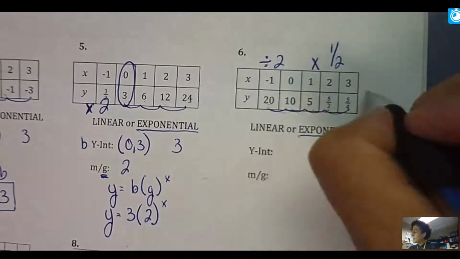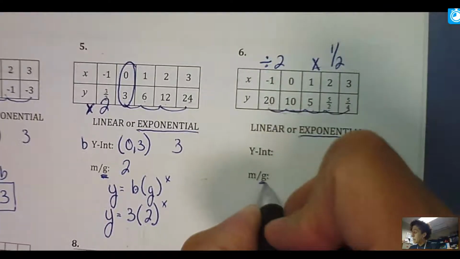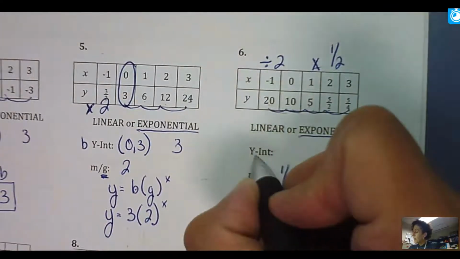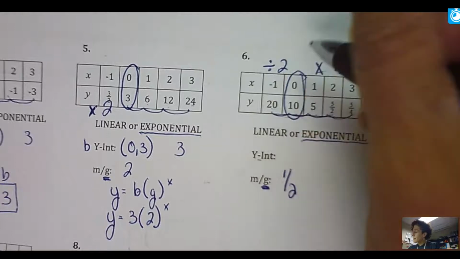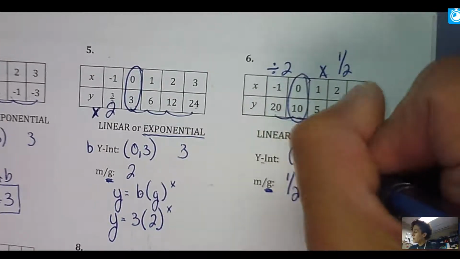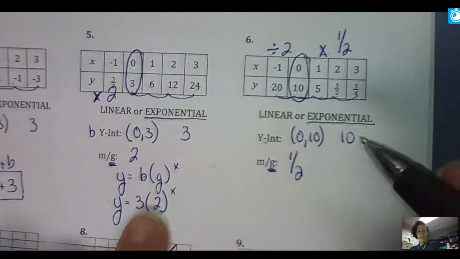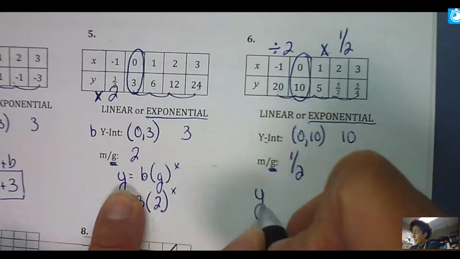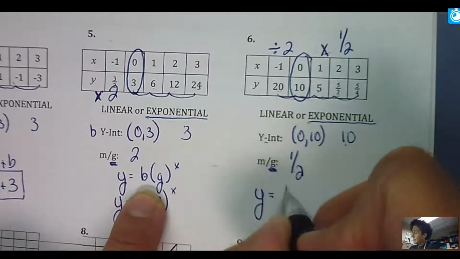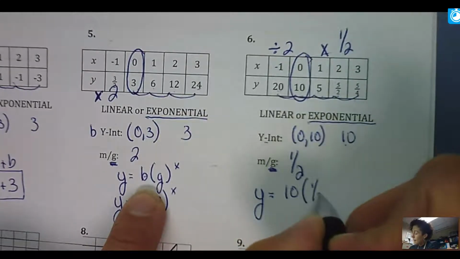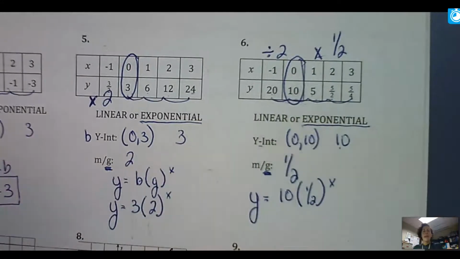So that is my multiplying amount, and that will be my g. And then my y-intercept, again, is when x is 0. So as an ordered pair, it's (0, 10). Standing alone, it's 10. And now I can have it fill in this format. So again, it's y = b, so 10, in parentheses, I'll do the half to the x power. And the half isn't always important.